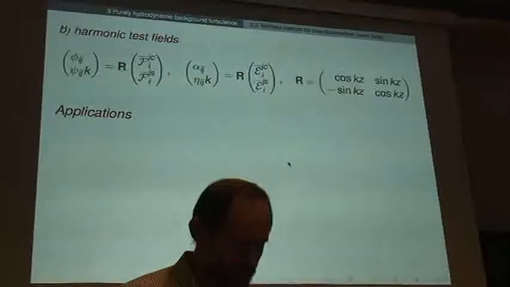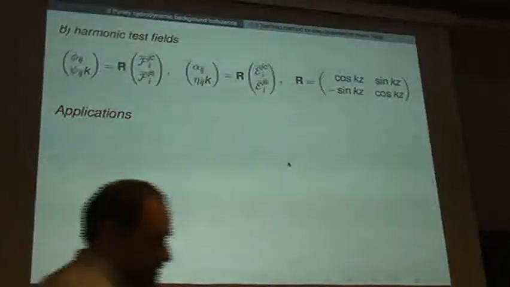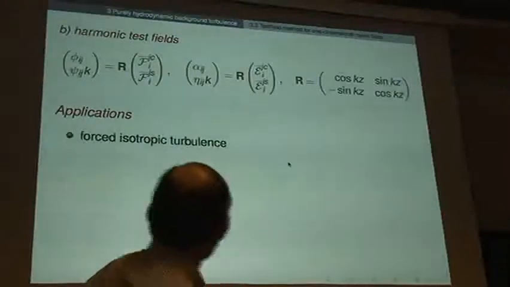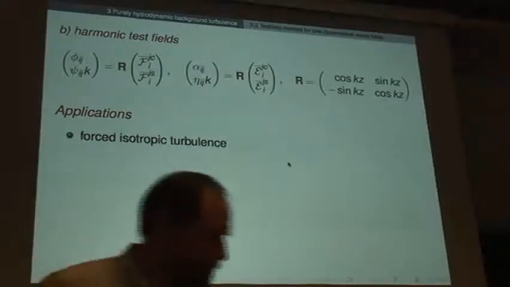Some comments on applications without going into detail. The method has been applied to forced isotropic turbulence. You know that one can mimic real turbulence by applying a forcing function, a ponderomotive force, which has random properties, for instance, plane waves, which change their wave number and even amplitude from time step to time step, and they create something which really looks similar to physical turbulence.